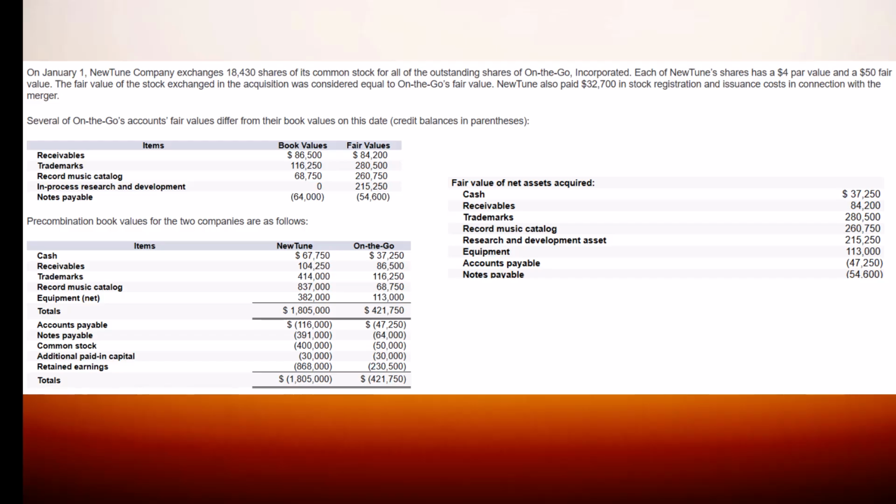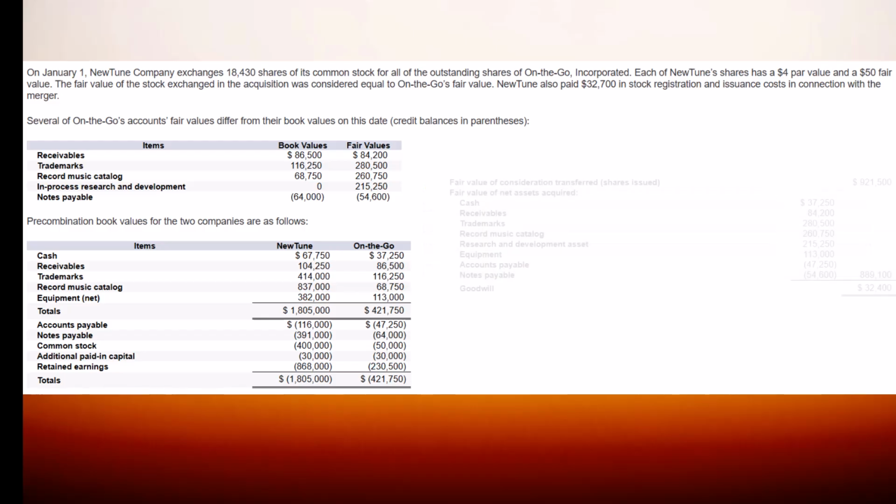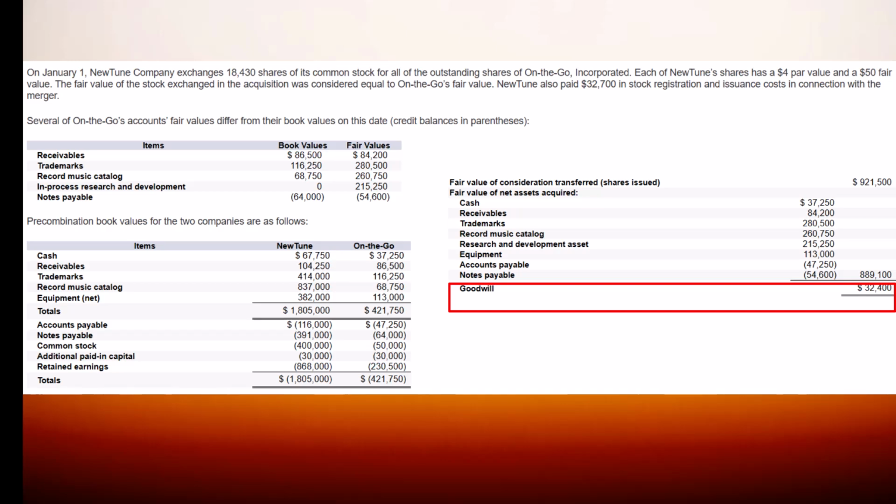This is a key difference between internally generated research and development and acquired research and development. If we sum the fair values of the assets and subtract the fair values of the liabilities, we get the total fair value of On the Go's net identifiable assets, which is $889,100. Now, we can calculate goodwill. Goodwill is the excess of the price we paid over the fair value of the net assets we received.